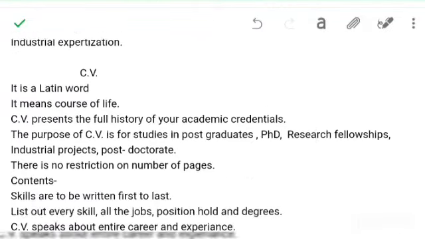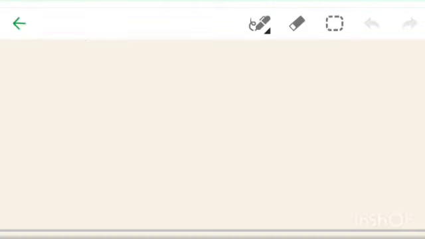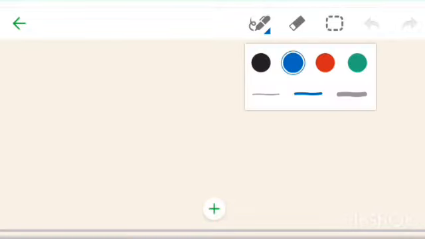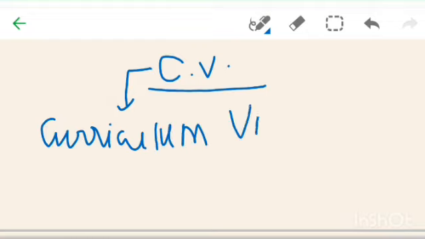Next comes CV. So what is CV? What is the full name of CV? The full name of CV is curriculum vitae. How do you pronounce it?